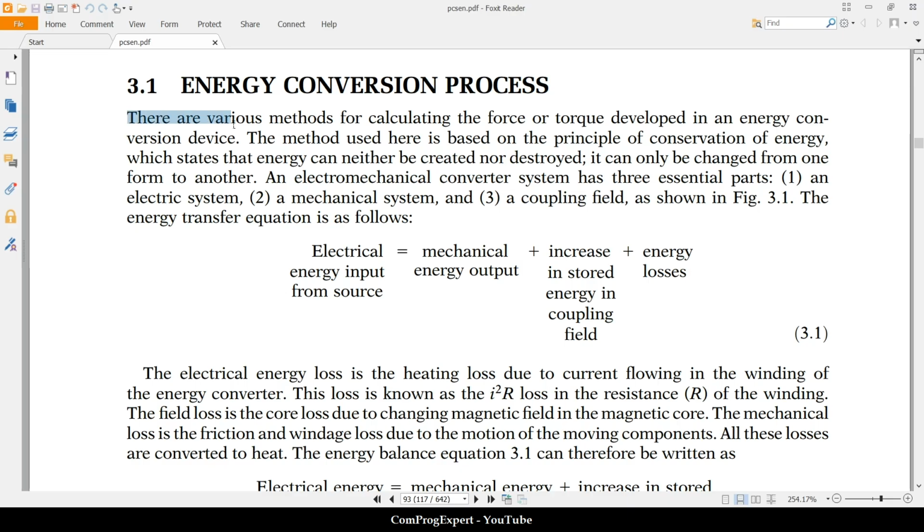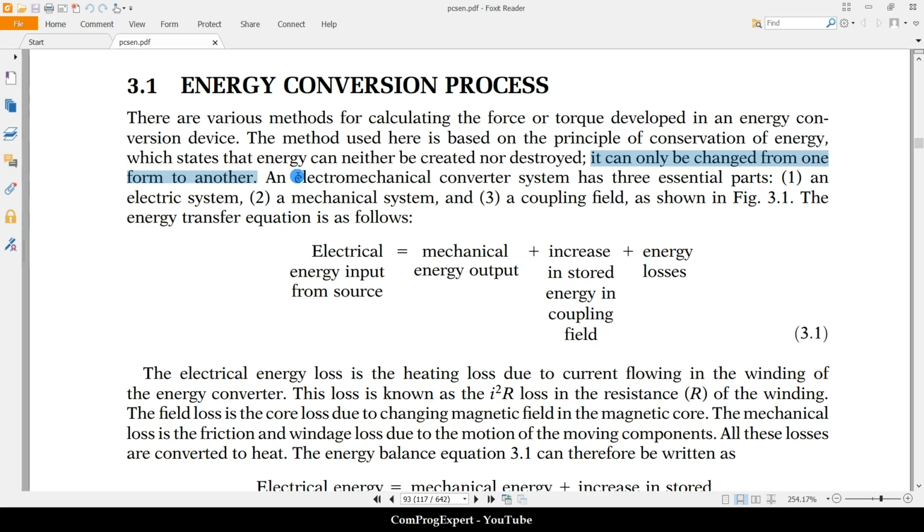There are various methods for calculating the force or torque developed in an energy conversion device. The method used here is based on the principle of conservation of energy, which states that energy can neither be created nor destroyed. It can only be changed from one form to another.